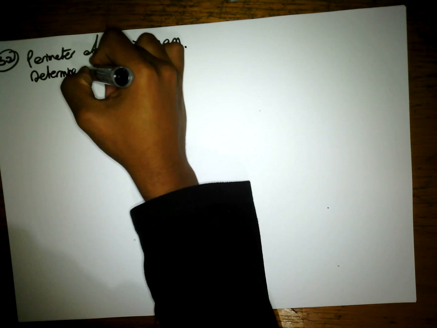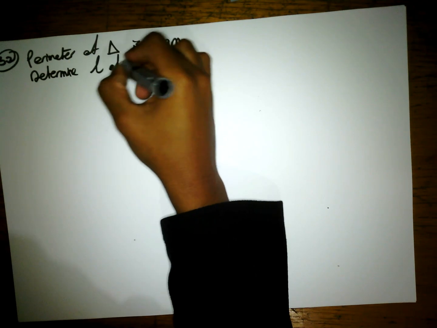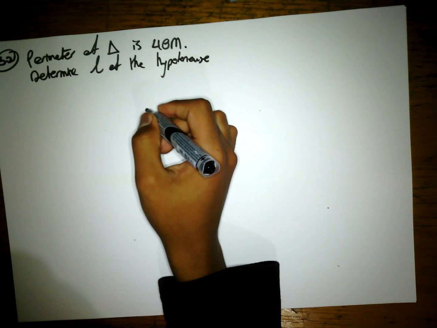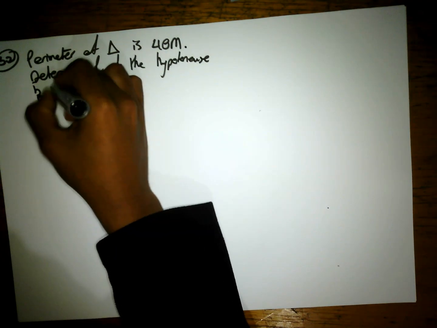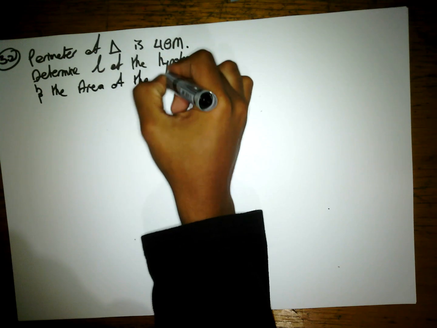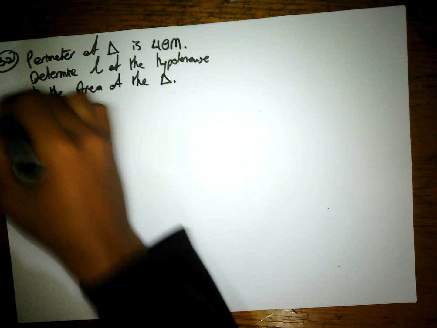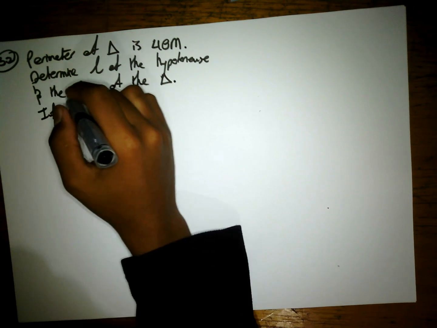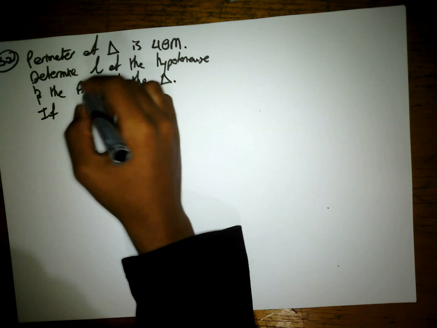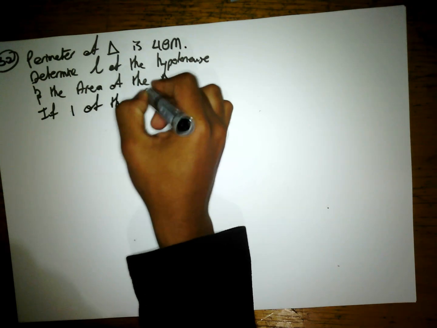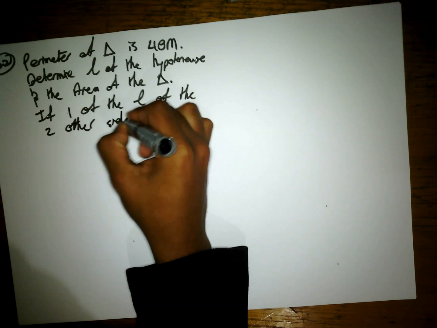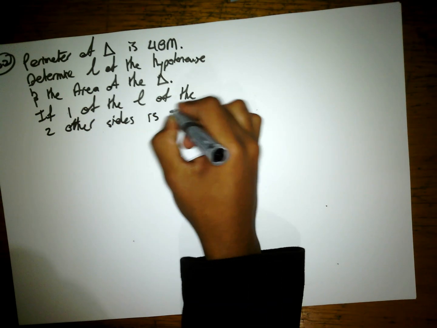Determine the length of the hypotenuse and the area of the triangle if the length of one of the other two sides is 8 meters.